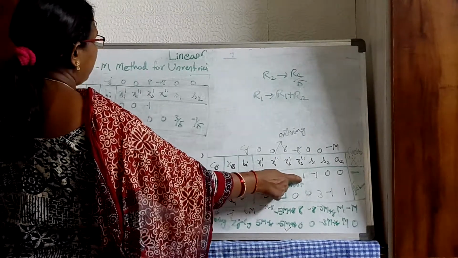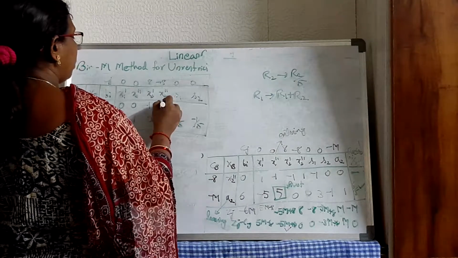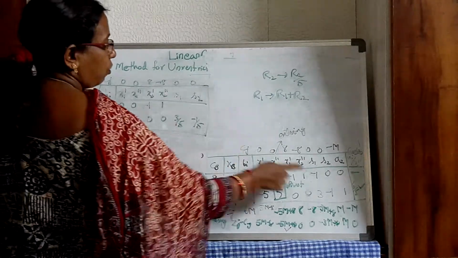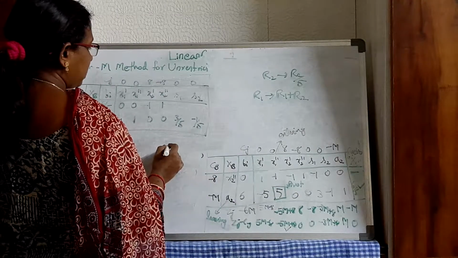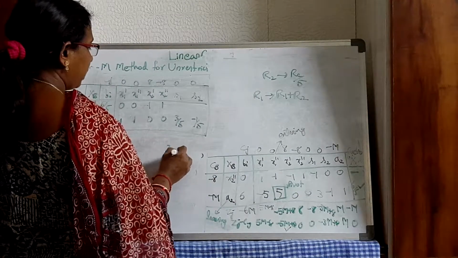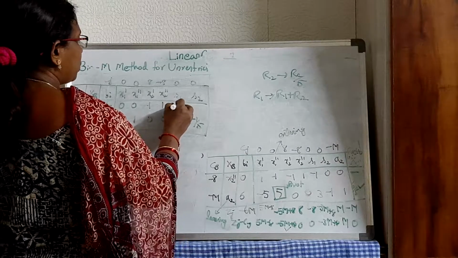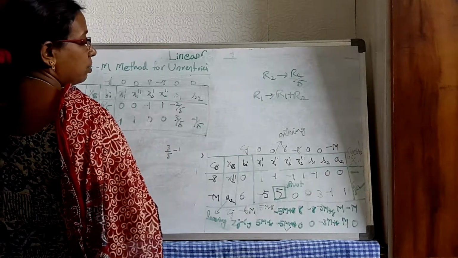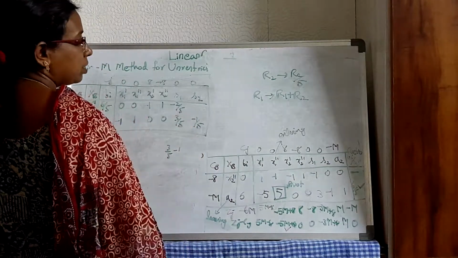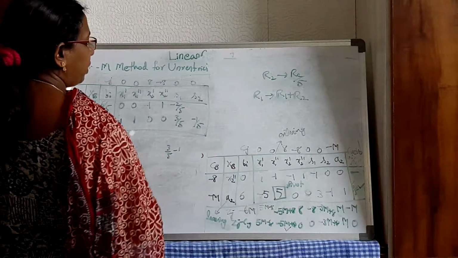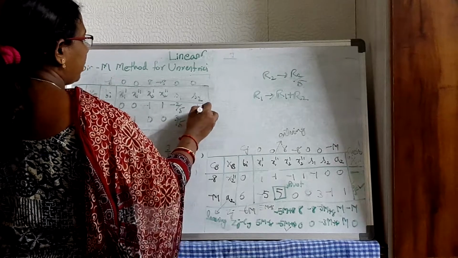Here you have 1 plus 0 is 1. Here you have minus 1 plus 3 by 5, that is 3 by 5 minus 1. You will get minus 2 by 5. Similarly, 0 plus minus 1 by 5, so this will be minus 1 by 5.